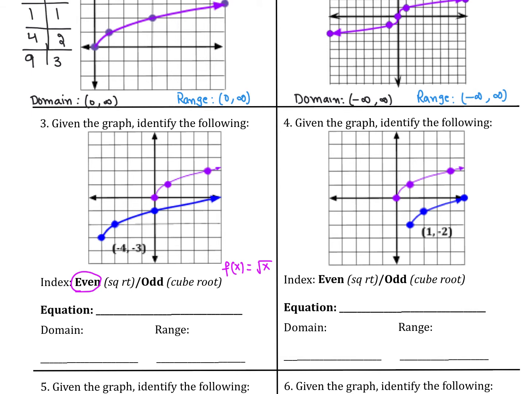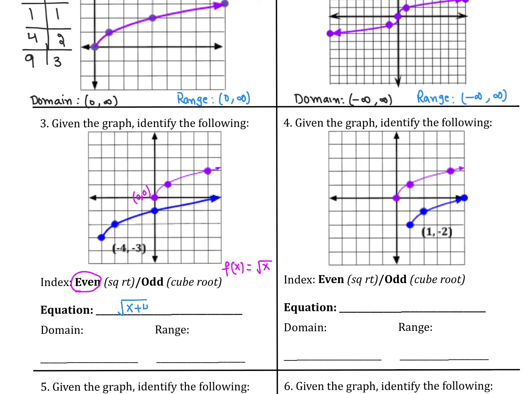Now the blue graph that you see here is a translated graph. From the origin, 0, 0, the graph is moved 4 units to the left and 3 units down. For the left, you're going to use x plus 4.